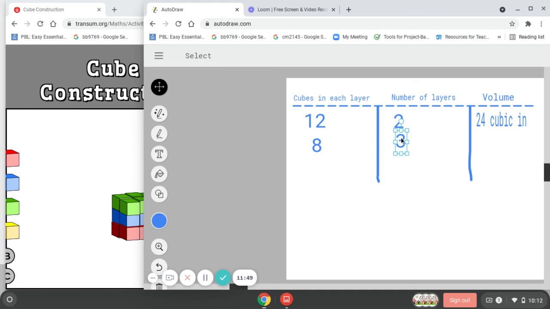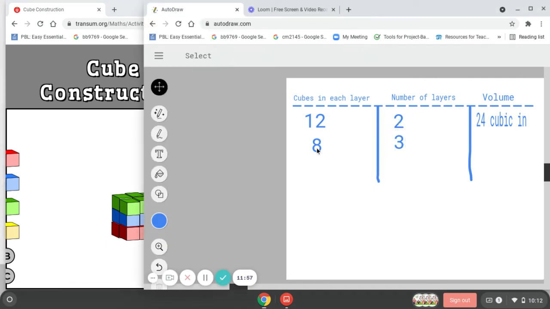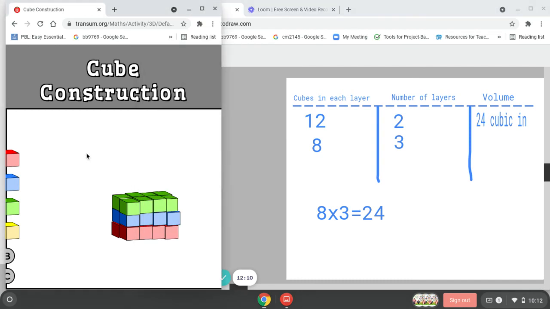And now we can find the length, the width, and the height of this, or we can just know that in each layer we have 8 unit cubes, and since we have 3 of those layers, we can do 8 times 3, which gives us the 24, or we can use the volume formula to figure out the volume as well. So our length is 1, 2, 3, 4.